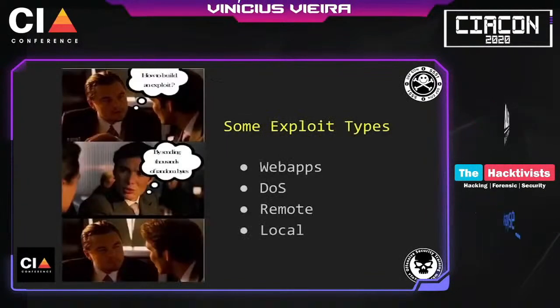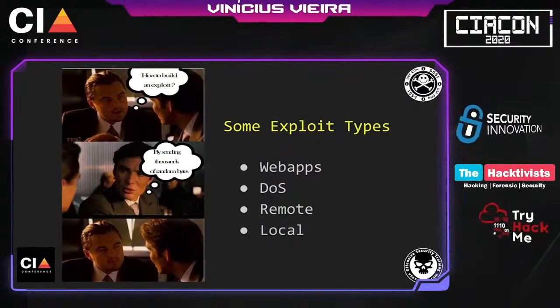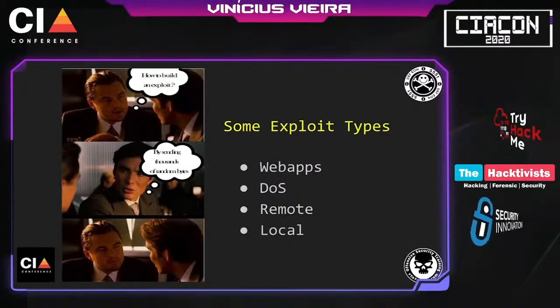Going a little deeper into the exploit theme, we will understand a little more about the types of exploits. According to ExploitDB, one of the largest repositories of public exploits, there are basically four types of exploits.